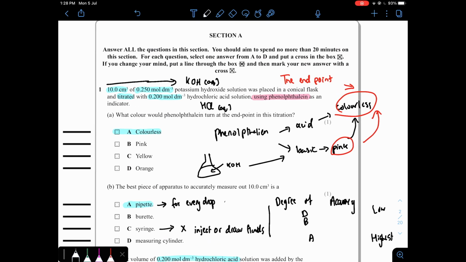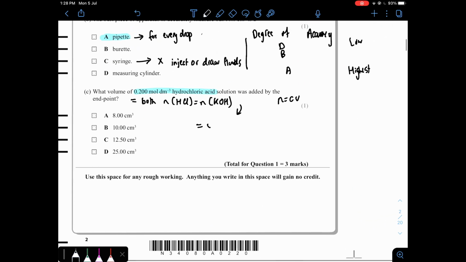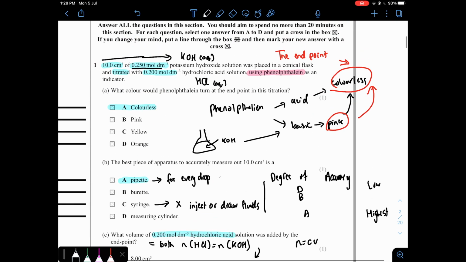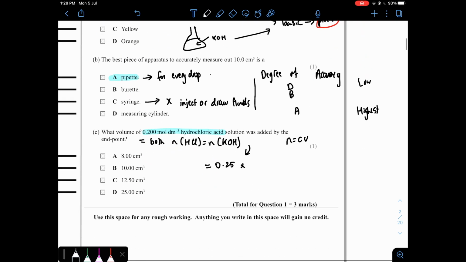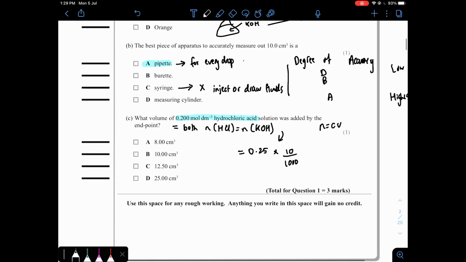They tell us it's 0.25 mol dm⁻³, so this is going to be 0.25 mol per dm³ times the volume. Now the volume has to be in dm³, so 10 over 1000. Then we have the moles of hydrochloric acid.